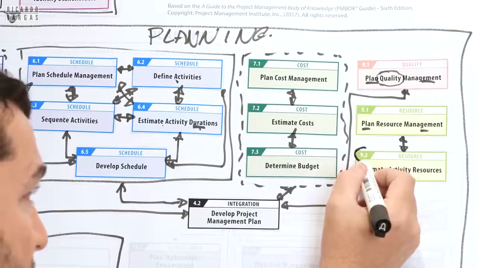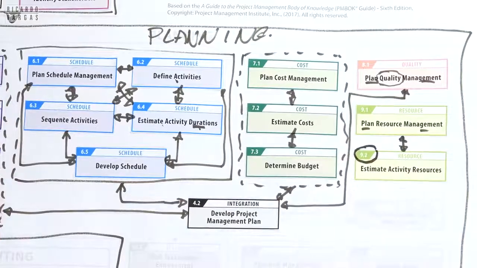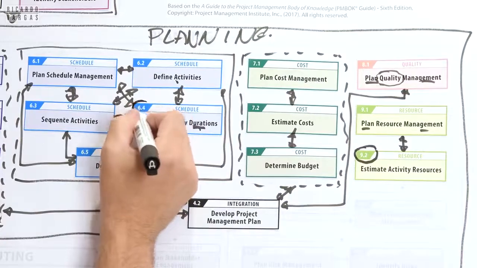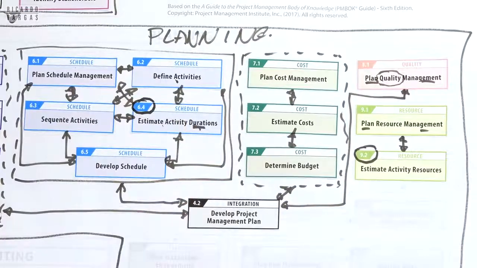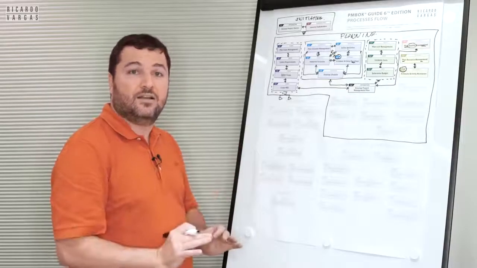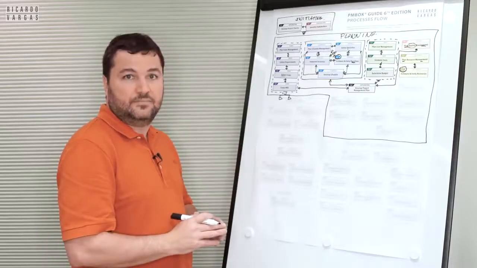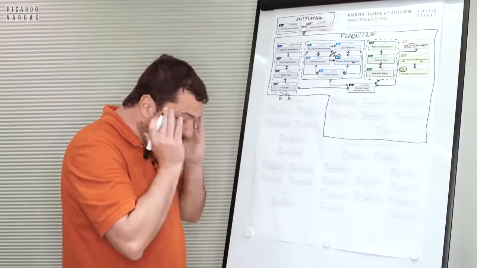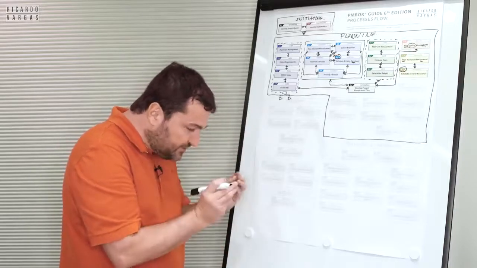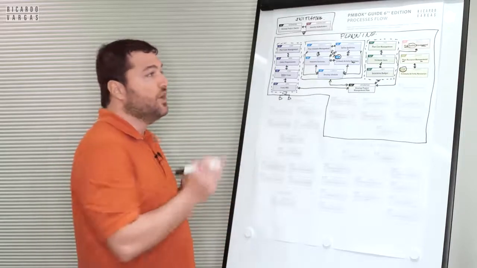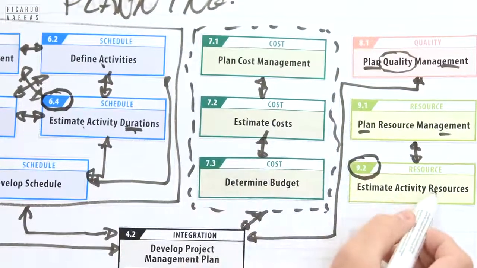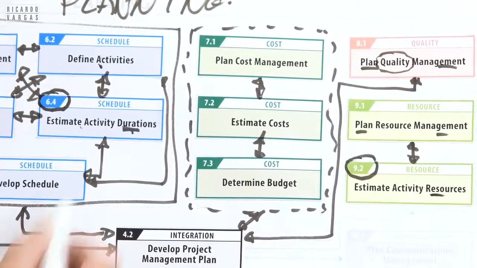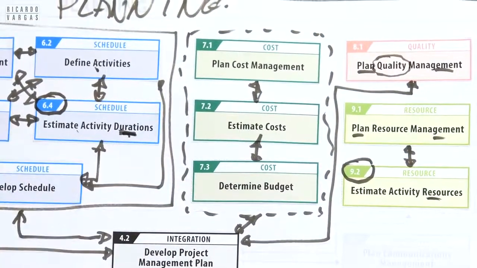This item 9.2 and this item 6.4, they are brothers. They are twins, better. They cannot live without the other. Why? Because I need to know which resource I have to estimate how much time I will take.